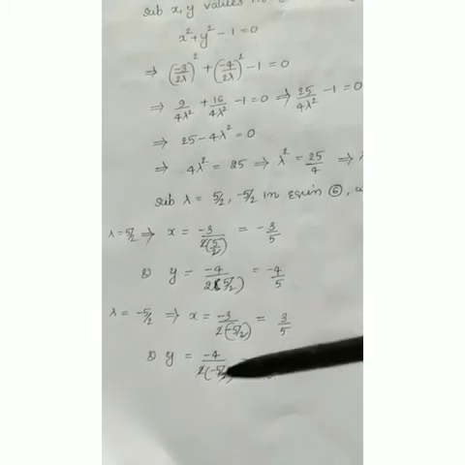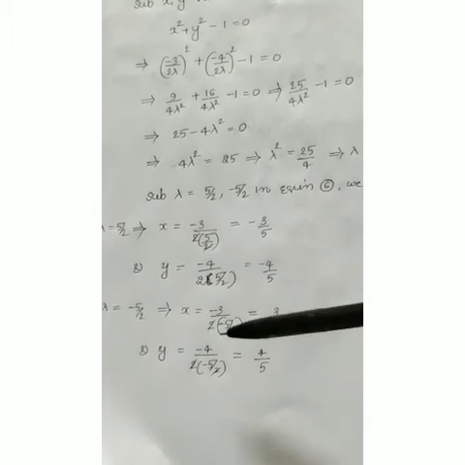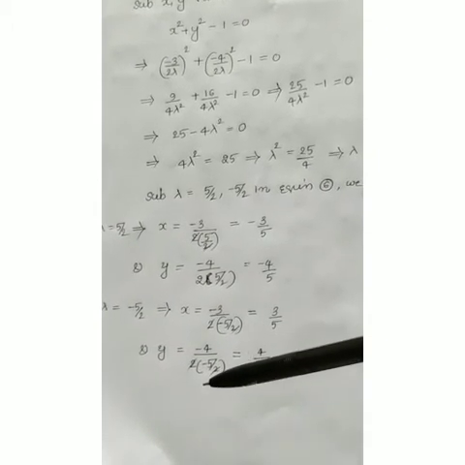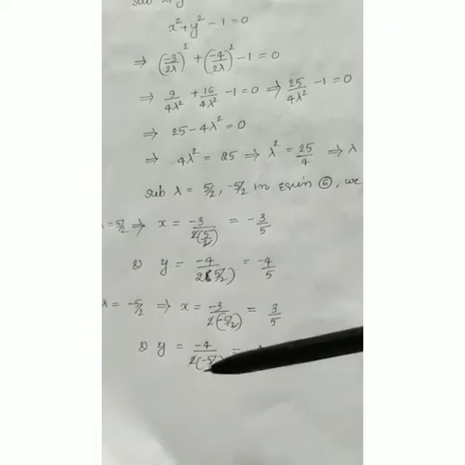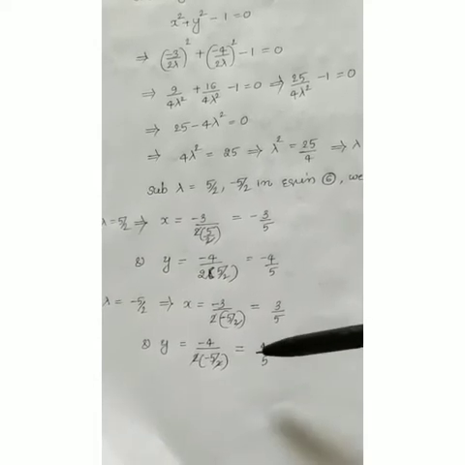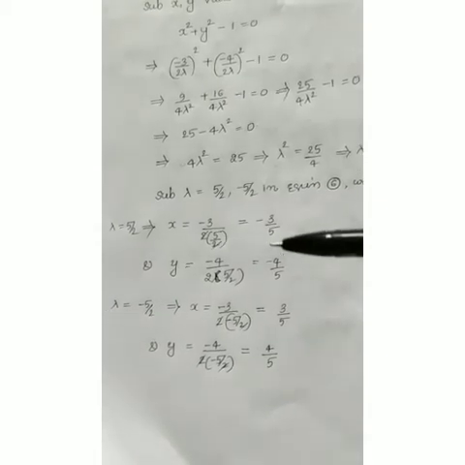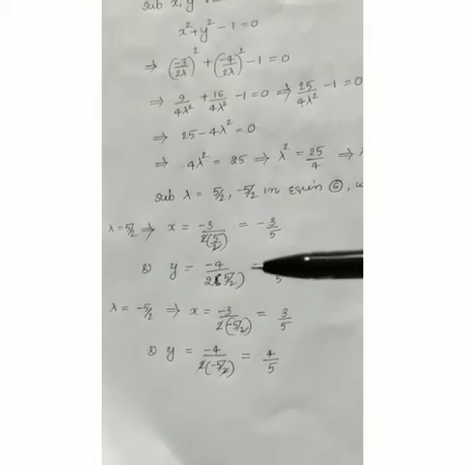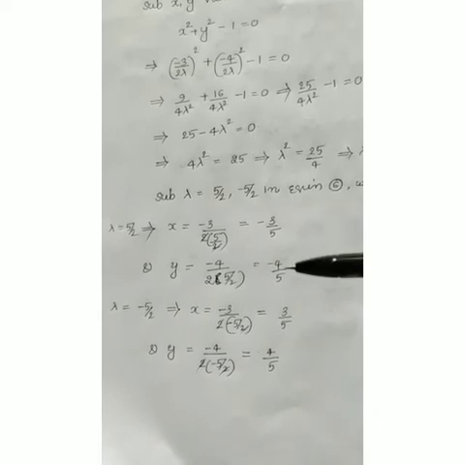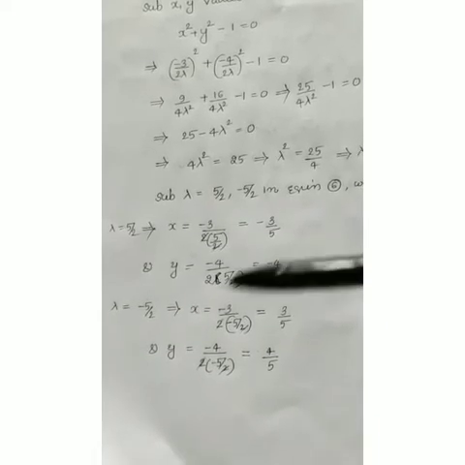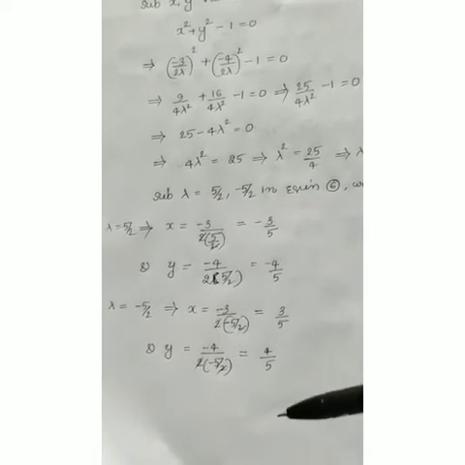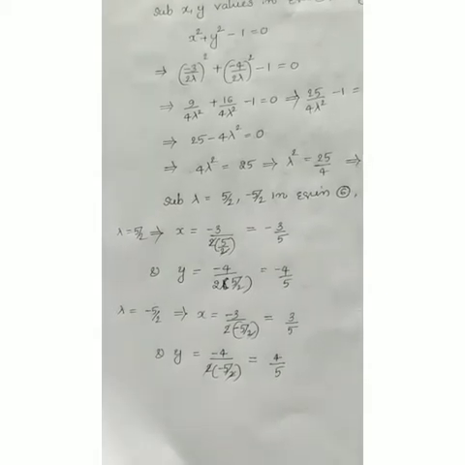The minus signs get cancelled, 3 by 5. And y equal to minus 4 by 2 into minus 5 by 2, the 2 gets cancelled and the minus signs get cancelled, so plus 4 by 5. So here we get x equal to minus 3 by 5, y equal to minus 4 by 5, and x equal to 3 by 5 and y equal to 4 by 5.